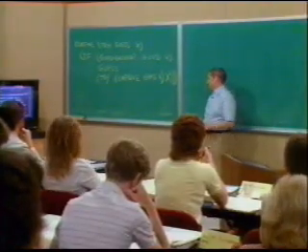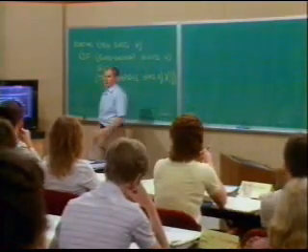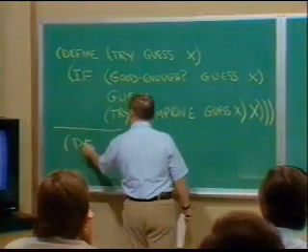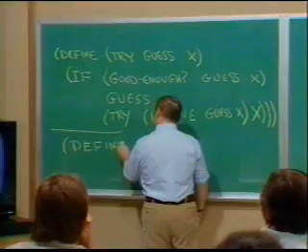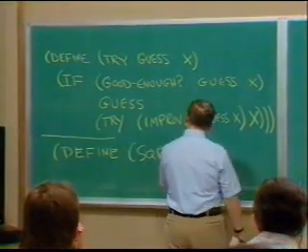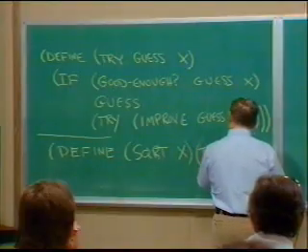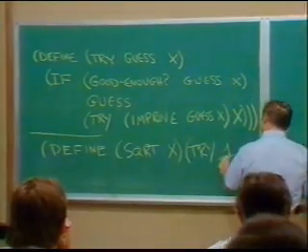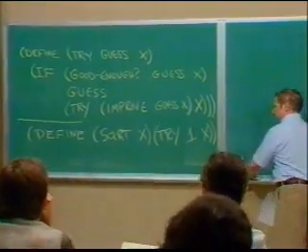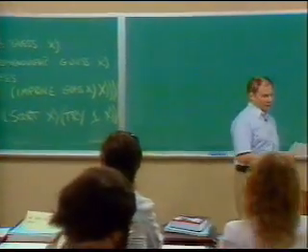And then the next part of the process said, in order to compute square roots, we'll say define, to compute the square root of x, we will try 1 as a guess for the square root of x. Well, we have to define a couple more things.